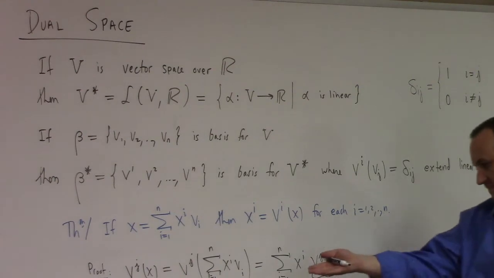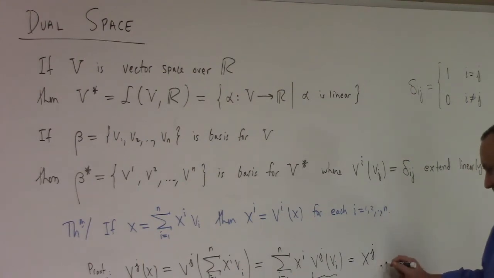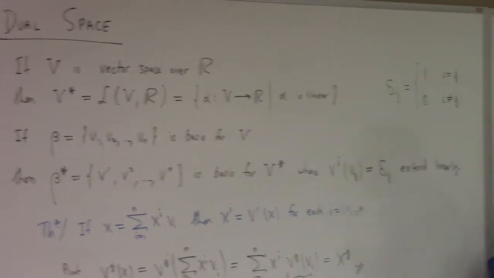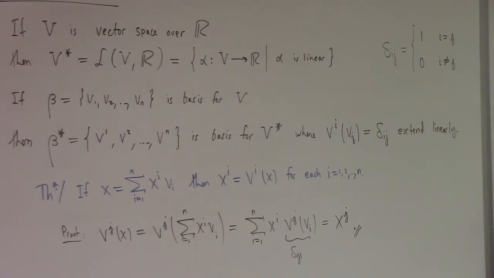So it kills the sum, and it just leaves you with x upper j. And that proves the theorem. So the dual basis is useful for calculating components of vectors with respect to a basis, right?